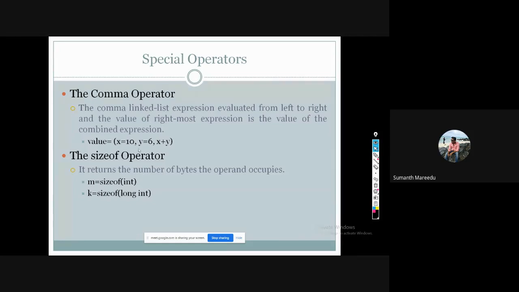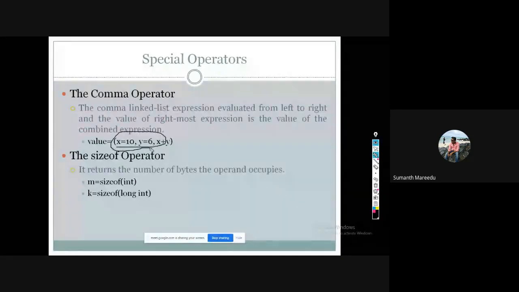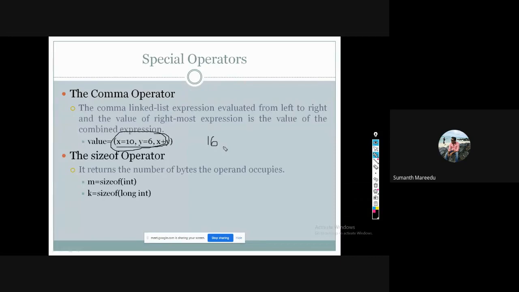Like if I write a statement like this, x is equal to 10 comma y equal to 6 comma x plus y. So what is the value of this whole part? 16, exactly. If the expression has a comma operation, it will start evaluating from the leftmost.